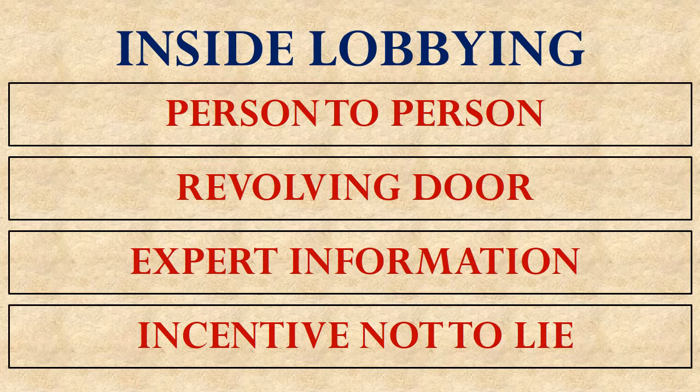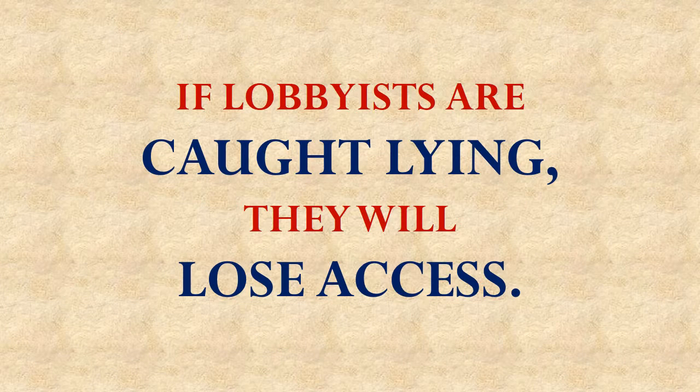This then brings us to our fourth feature of inside lobbying, which is that the people involved in it actually have an incentive not to lie. The reason is that if lobbyists are caught lying, if they go around telling politicians things that aren't true, and the politicians then find out that they've been lied to, they won't want to talk to that person again.